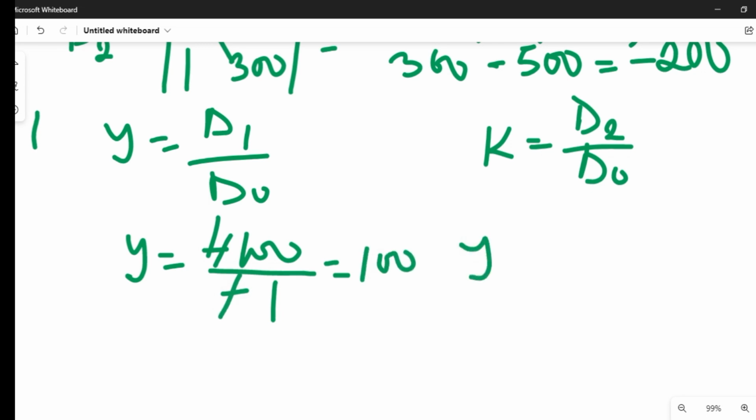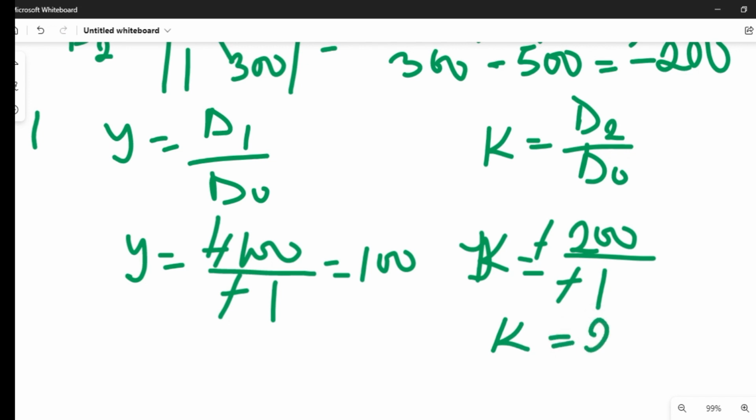And then our k, on the other hand, will be equal to minus 200 divided by minus 1. Clear the minus. So we'll have our k equal to 200, and we'll have our y equal to 100. That's the value we've gotten for the equation.